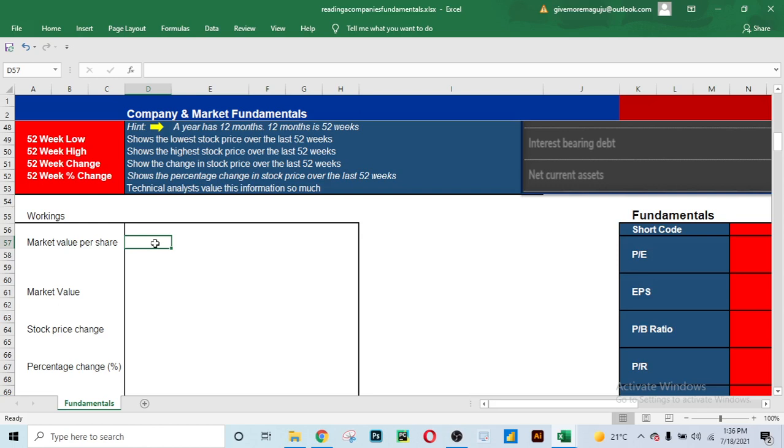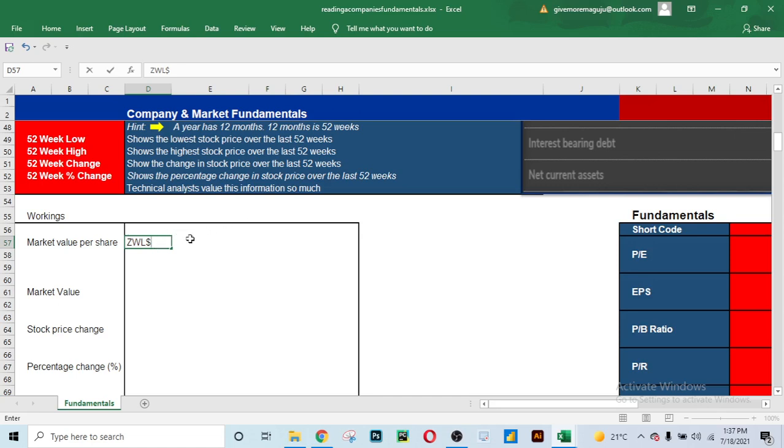Let's see how Econet calculated the closing price. Let's first specify the currency denomination here, which is the Zimbabwean dollar, ZW.